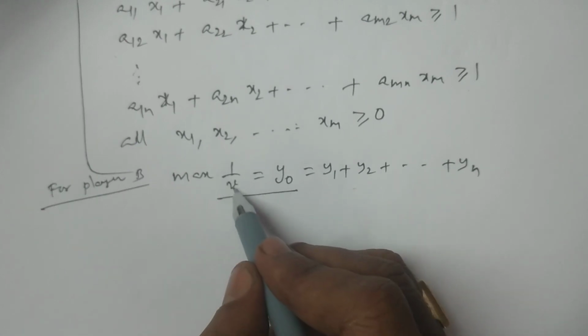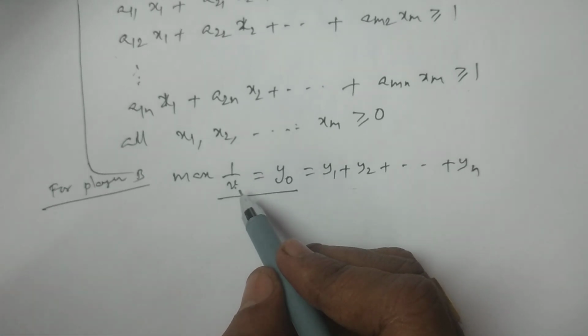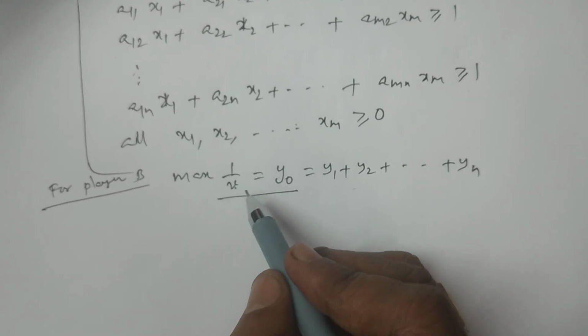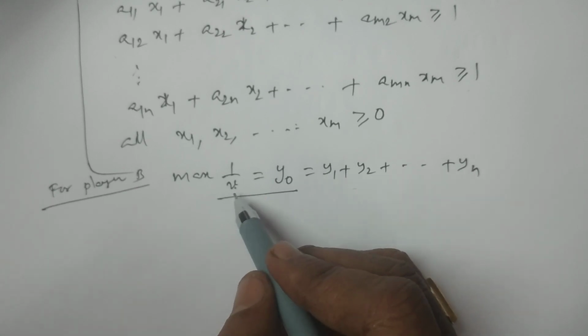Because mu is the value of the game, in terms of player B it is supposed to be considered from minimax. The value of the game in terms of player B is a loss, and the loss is going to be minimized.